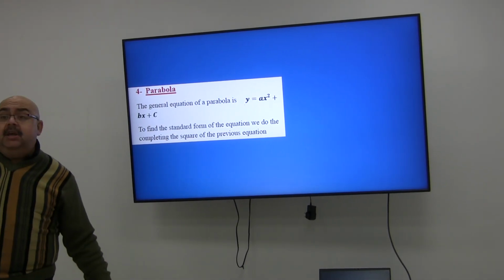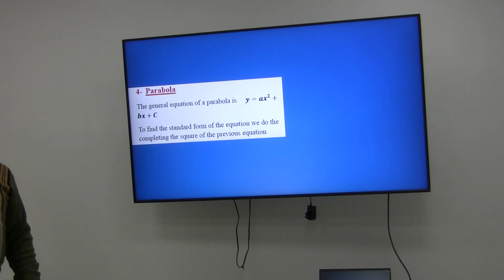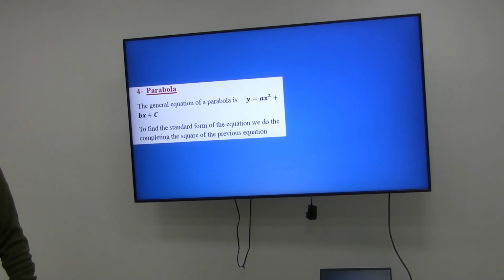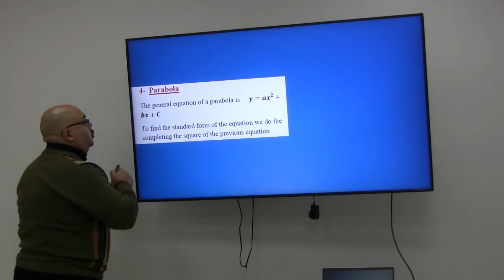This is the general equation for a parabola: y equal to ax squared plus bx plus c. That's an equation of a parabola. In order to deal with a parabola, it's very, very simple. I would like you to put it in this form.